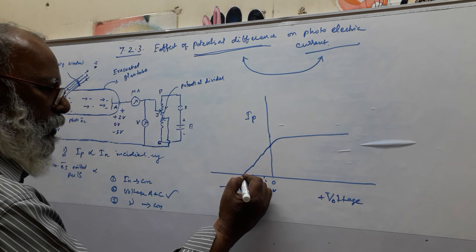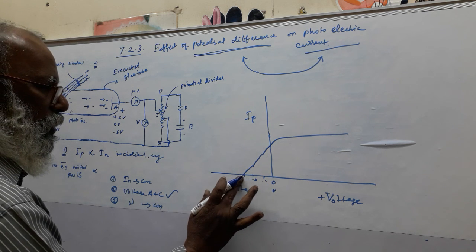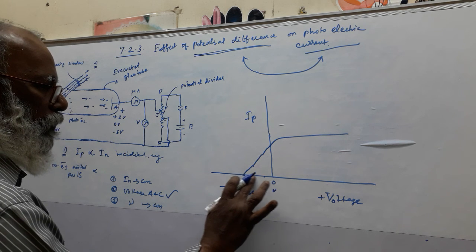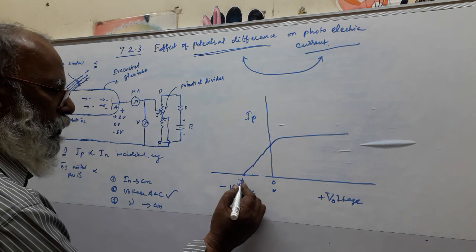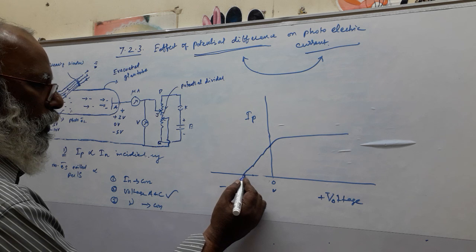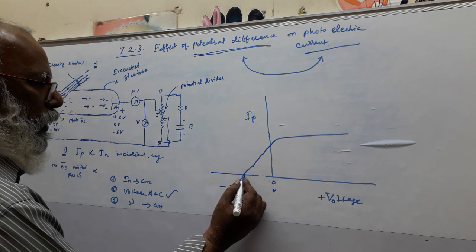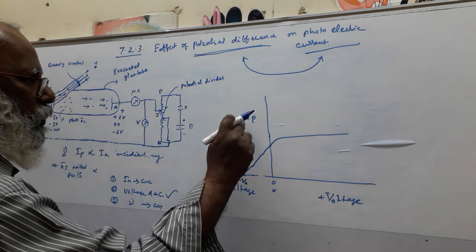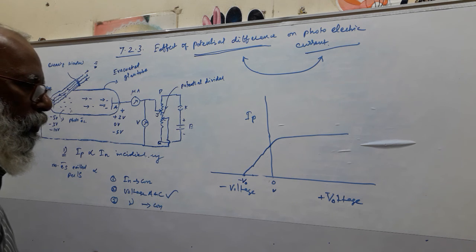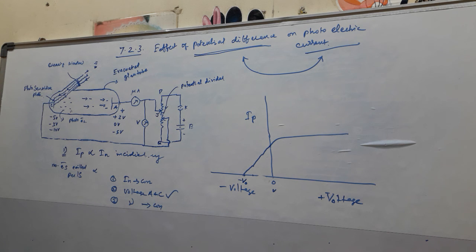At last, at some negative value, minus V0 volt, there is no photoelectric current in this circuit.